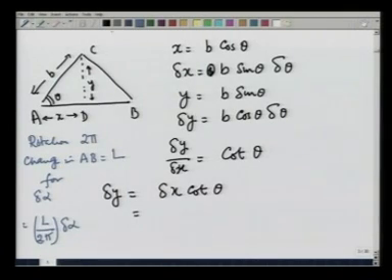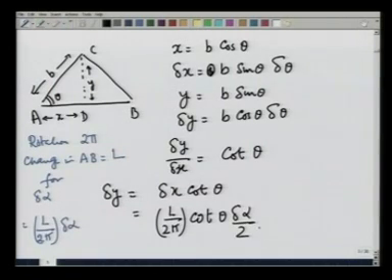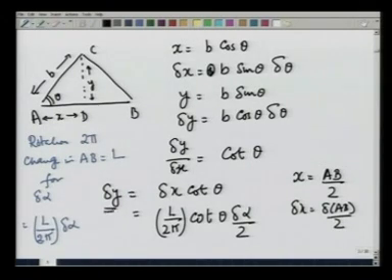So, therefore, delta y is L over 2 pi cotangent theta delta alpha divided by 2. This divided by 2 comes because the change in x equals the change in AB divided by 2. So, delta x is delta AB divided by 2. So, we have calculated the change delta y related to a change delta alpha.